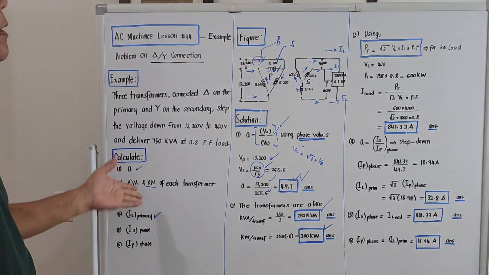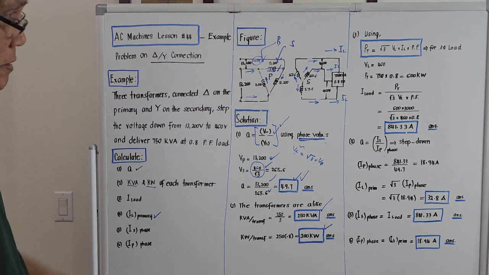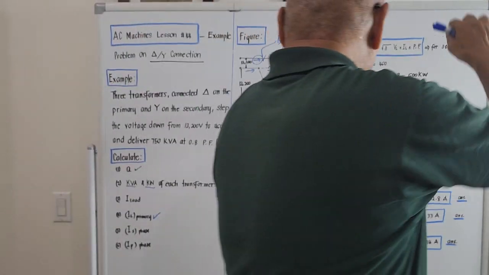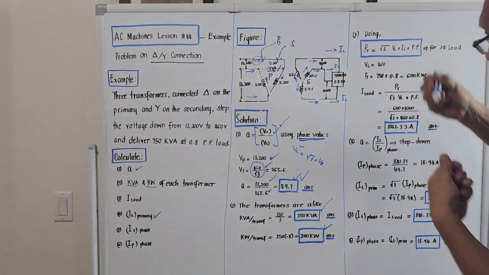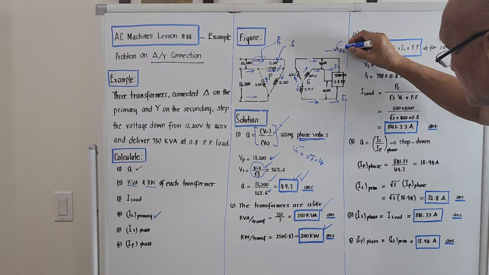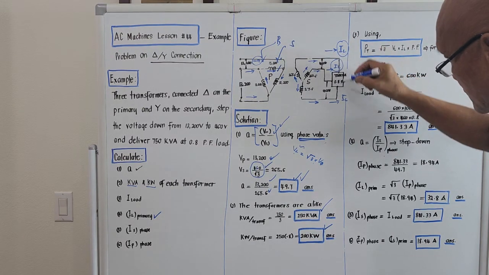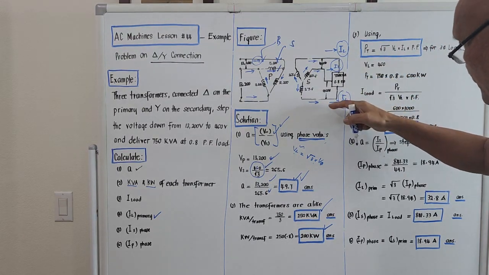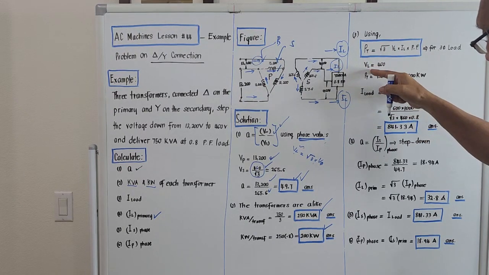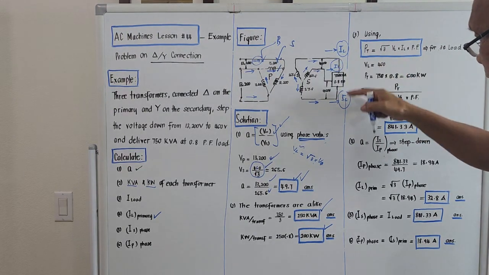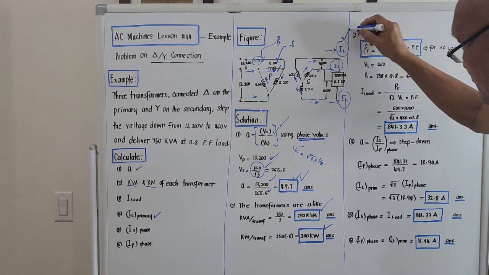Number 3, the total load is 750 kVA. What will be I sub L? The current coming out from the lines on the secondary, since the load is balanced, they are all the same, right?